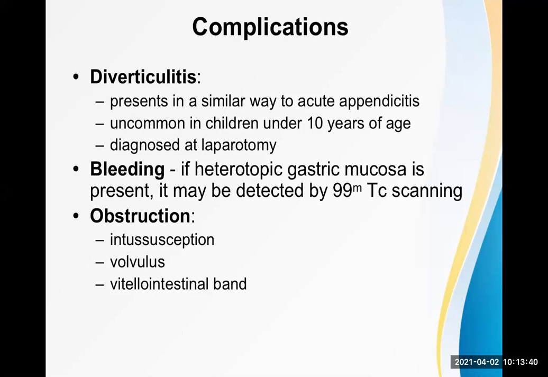That band may act like an obstruction site. Sometimes the intestine may lie against that band and cause obstruction. This is known as the vitello-intestinal band, almost like adhesions, which we'll talk about again when we reach intestinal obstruction. So these are some of the common complications of Meckel's diverticulum. Very important question from the exam point of view.